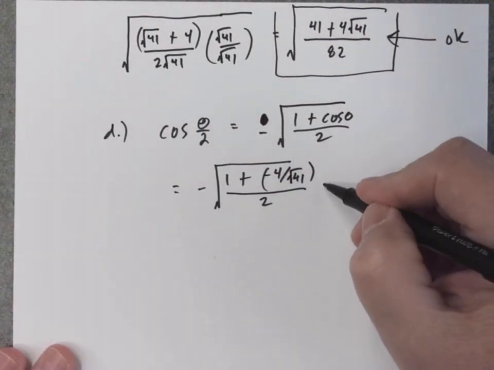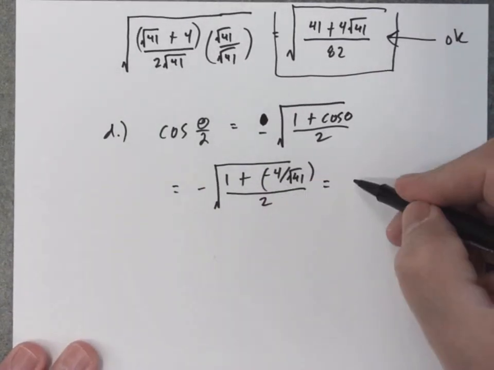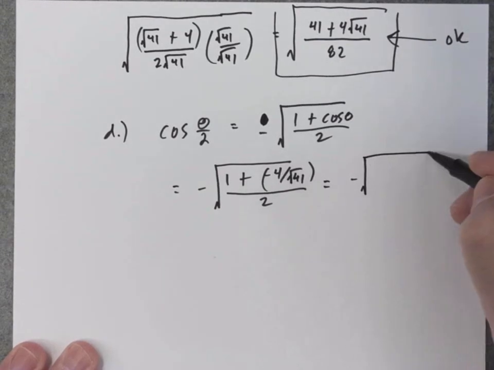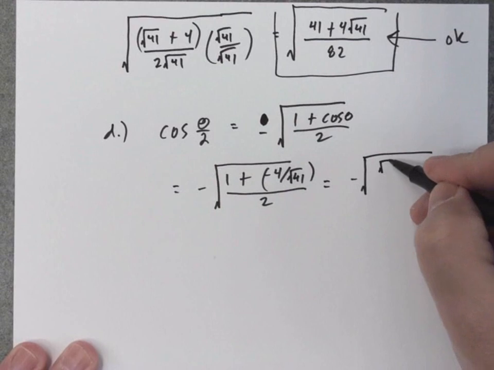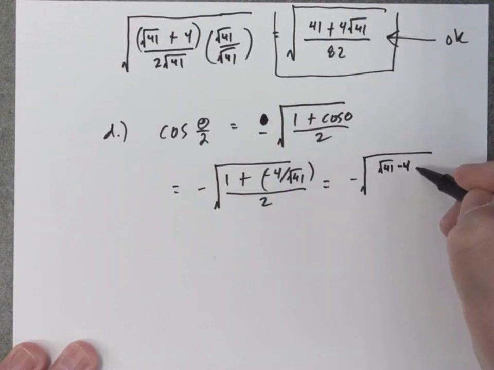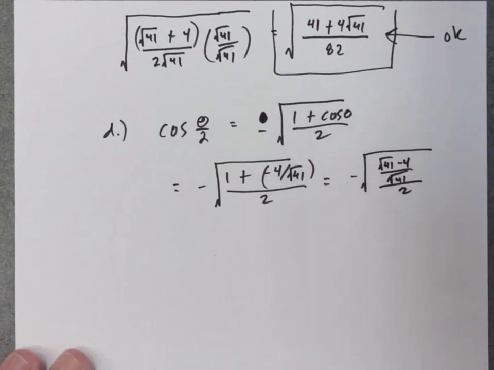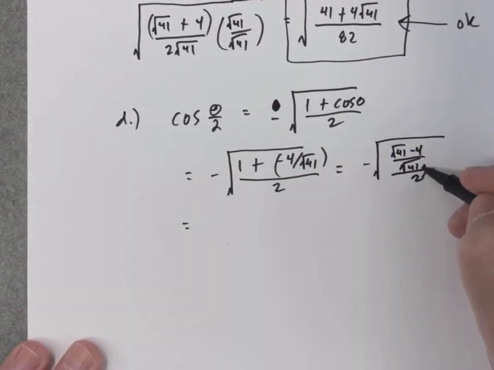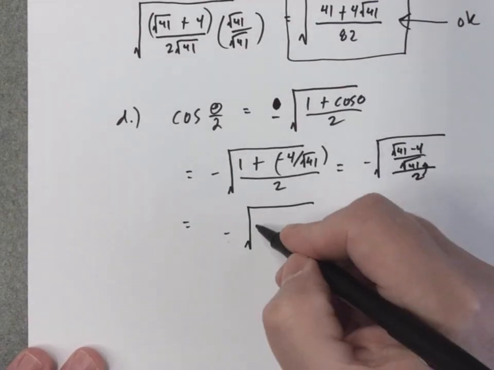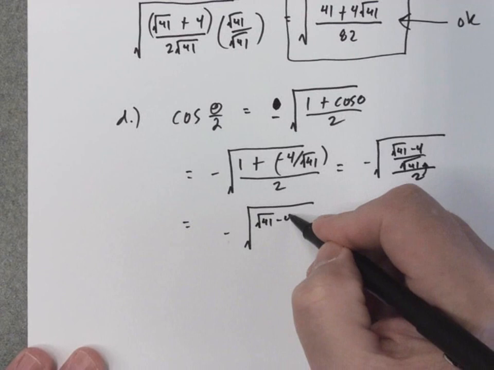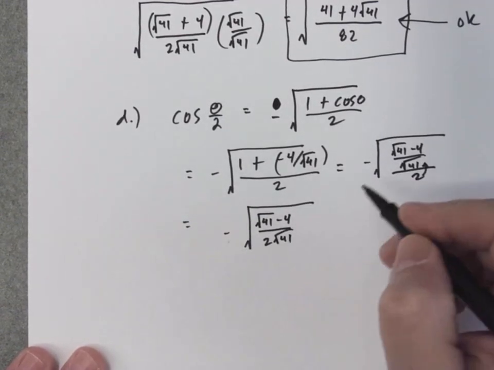So now I have to do the same thing I just did for the sine, so I'm going to skip a few steps. If I combine these into one fraction, I'm going to have square root of 41 minus 4 over square root of 41, all that over 2. And if I bring this up here, I'll end up with square root of 41 minus 4 over 2 square root of 41.